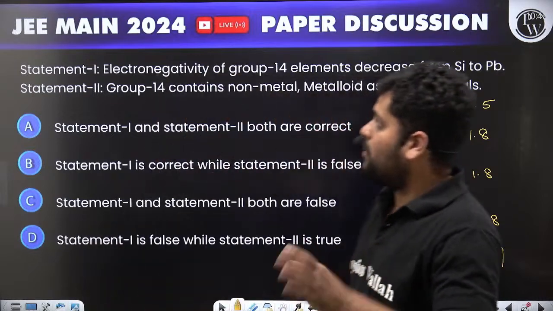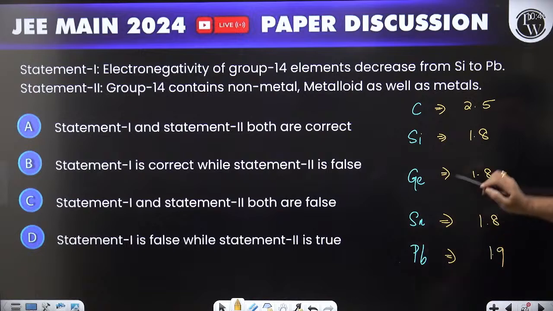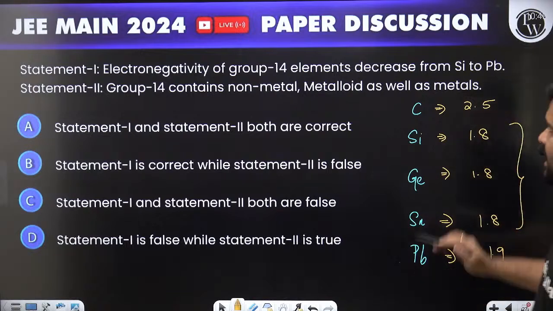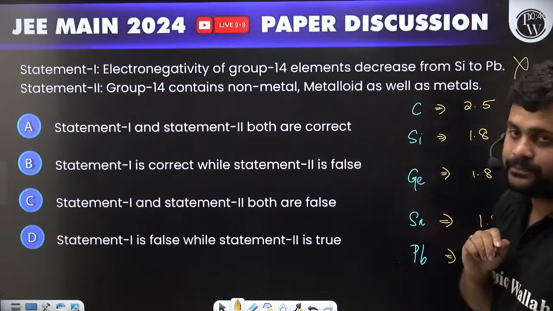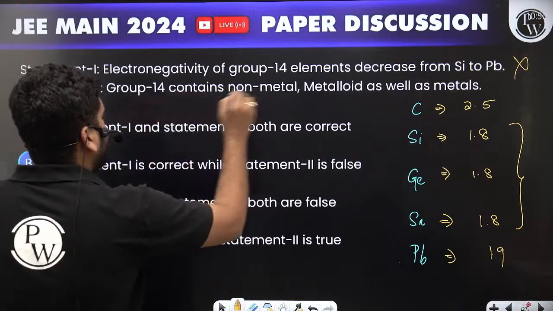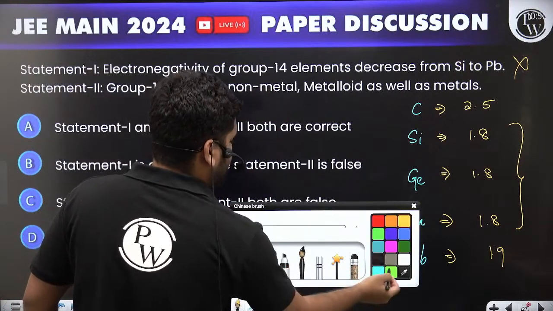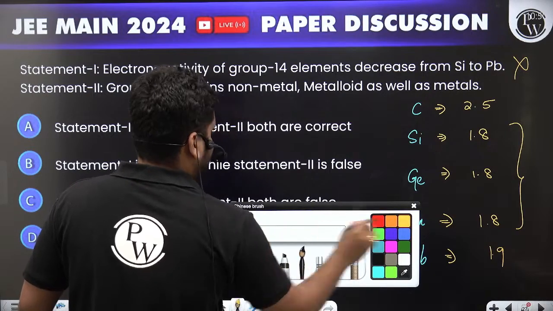So statement 1, electronegativity decreases from silicon to lead. Now it is almost remaining constant, and suddenly it is increasing, which means statement 1 is wrong. Statement number 2, group 14 contains non-metals, metals as well as a metalloid. Do you think that this is correct?